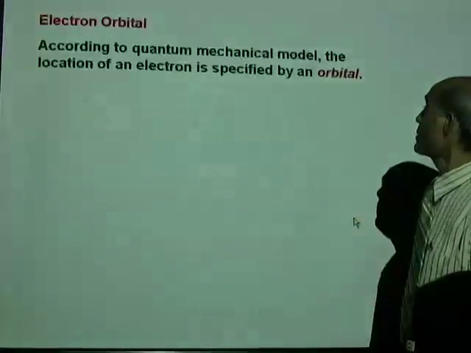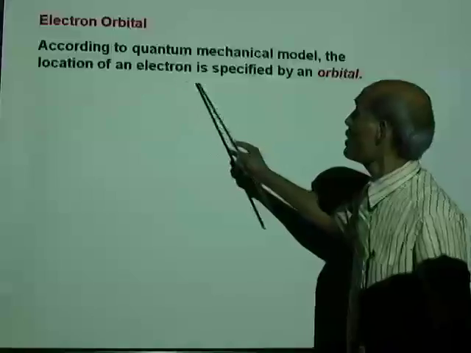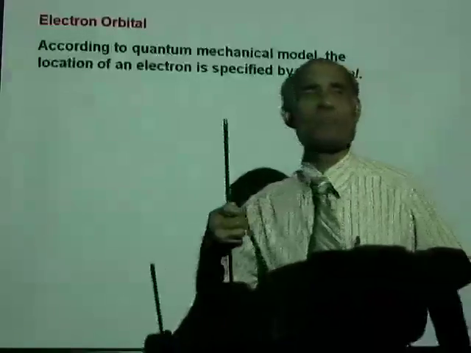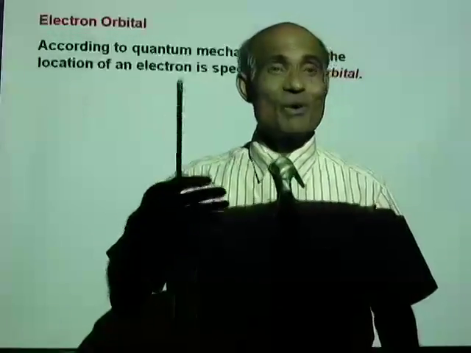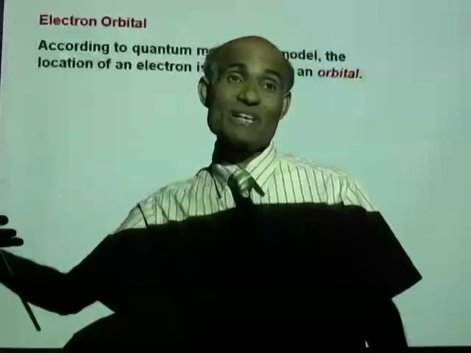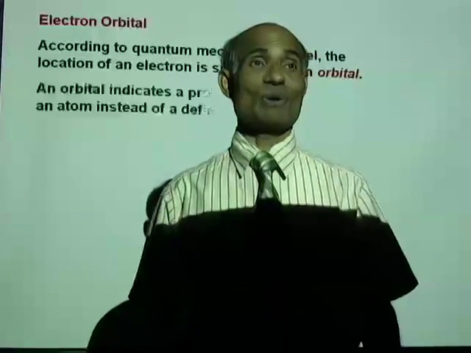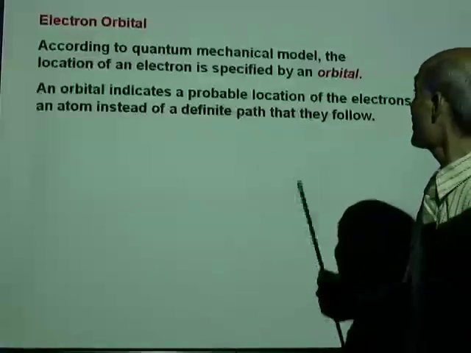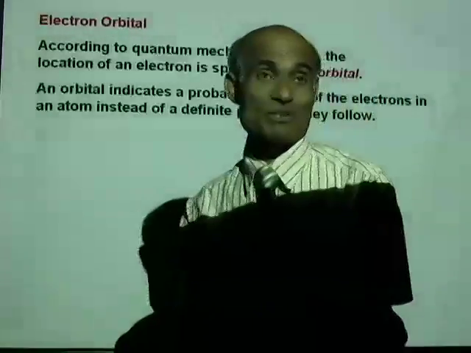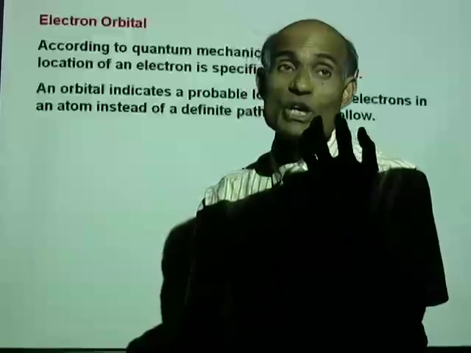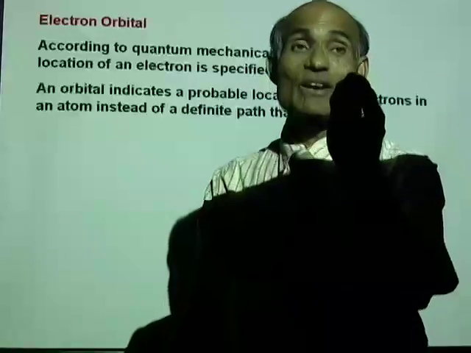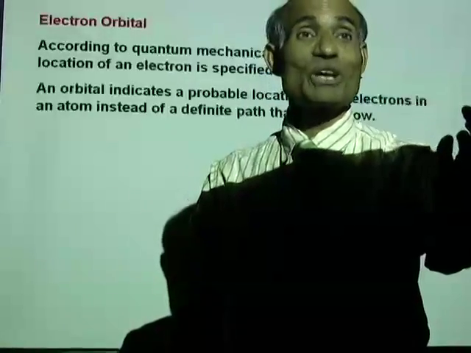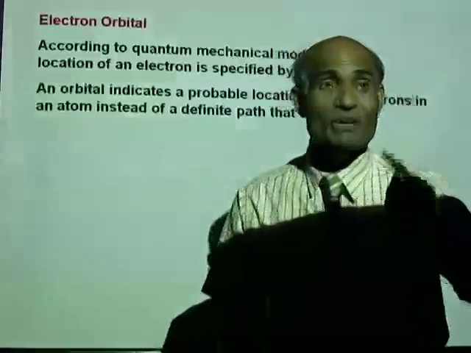According to the quantum mechanical model, the location of an electron is specified by an orbital, contrary to what an orbit did in the Bohr model. An orbital indicates the probable location of the electron. You see, quantum mechanics only gives you the probability that an electron can be found in a certain location. It doesn't tell you exactly where it is.